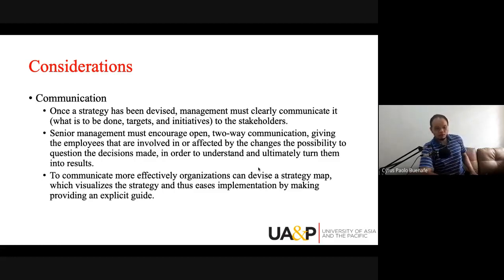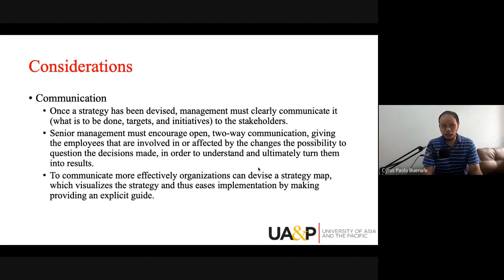To communicate more effectively, organizations can devise a strategy map. Okay? So the idea of visualization can come into the picture. So we'd want something a little bit more visual. But the idea there is to aid people with trying to understand the strategy better.